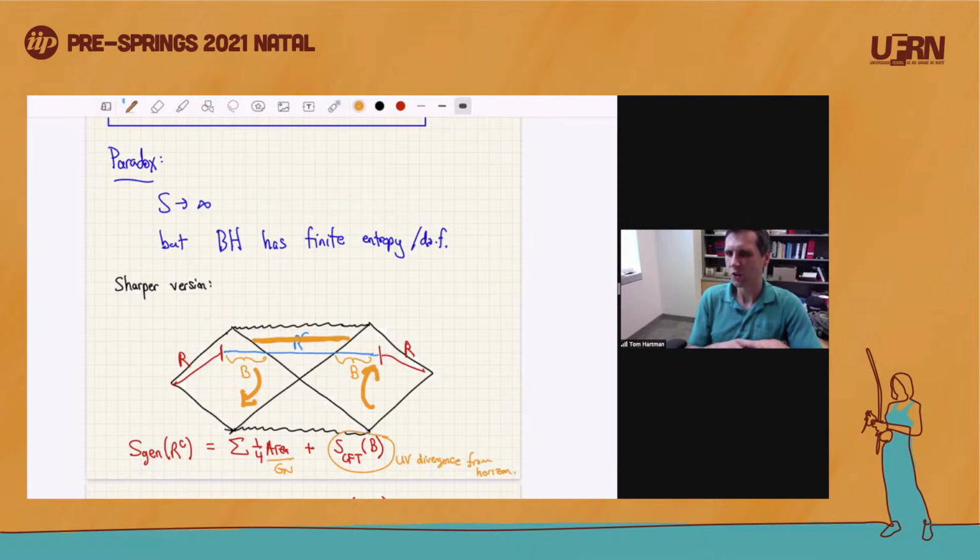For the eternal black hole, all we need in order to say that there's a paradox is to say that the Hilbert space of the black hole, or the degrees of freedom of the black hole, are finite. Then we can always go to late times so late that the entropy is arbitrarily large, and it can't possibly come from entanglement with the black hole degrees of freedom.